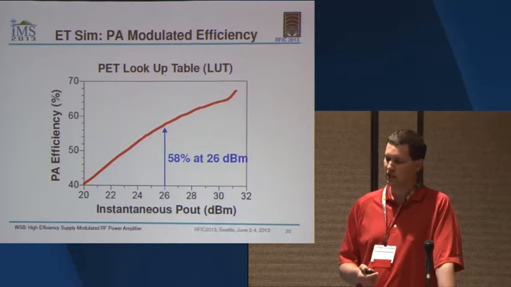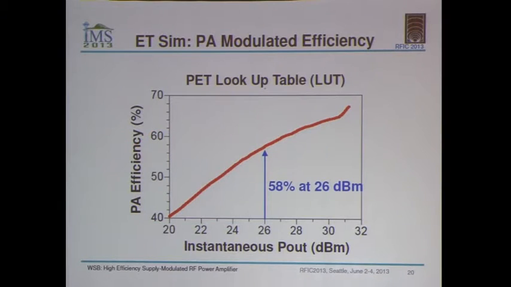On the next slide, I show the modulated efficiency of the PA. This is still versus the instantaneous power being pumped through the simulation. Here you can see the more bowed efficiency curve as we operate on envelope tracking over most of the curve. And then at the very right edge of the curve, at the very high end, you can see the inflection point where we hit the VCC max clipping limit, and then we fall onto the traditional constant VCC efficiency shape.